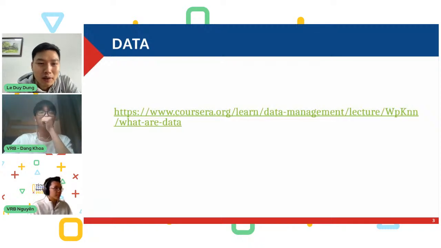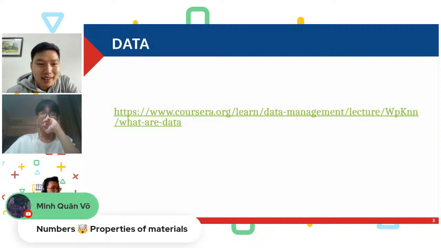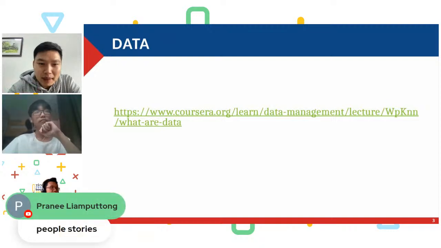We could talk about the format of the data, right? It could be numeric data, which is in the form of a tabular format. It could be images, it could be text, numbers, properties of materials. Yes. Okay. So yeah, the definition of data itself is very big, and it depends on your major, your domain, your research field.